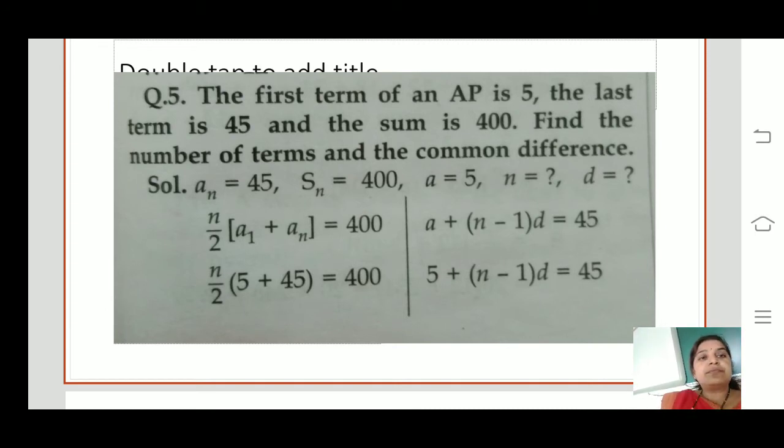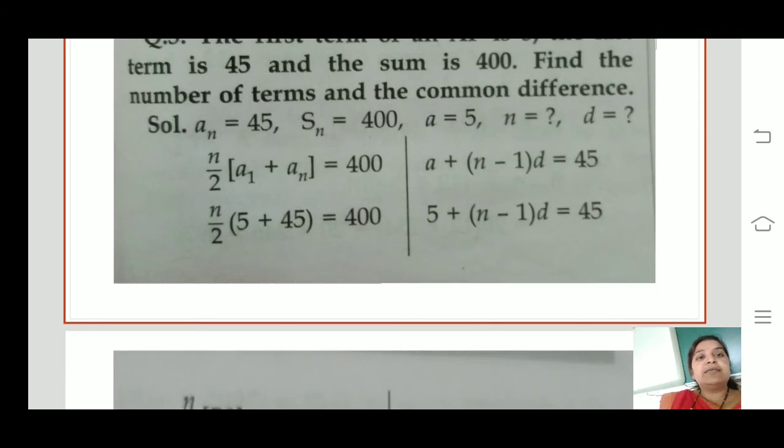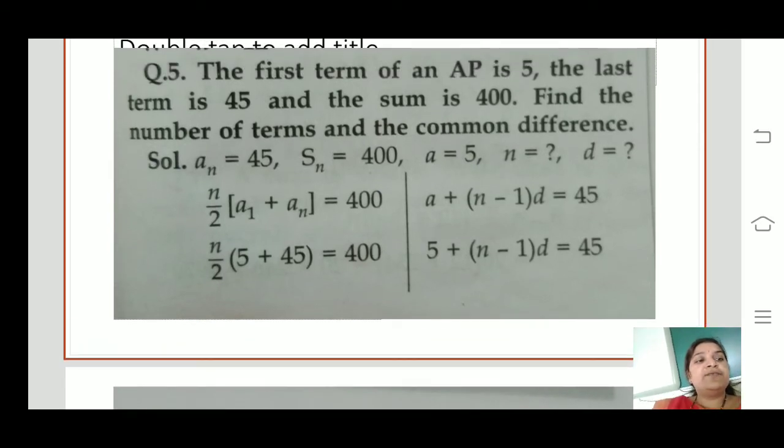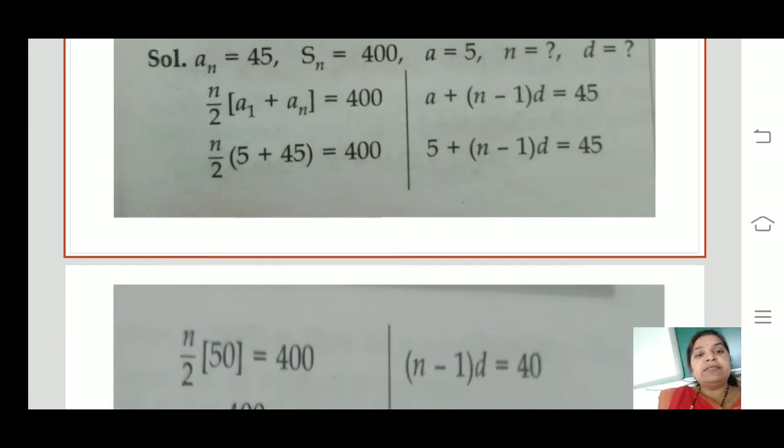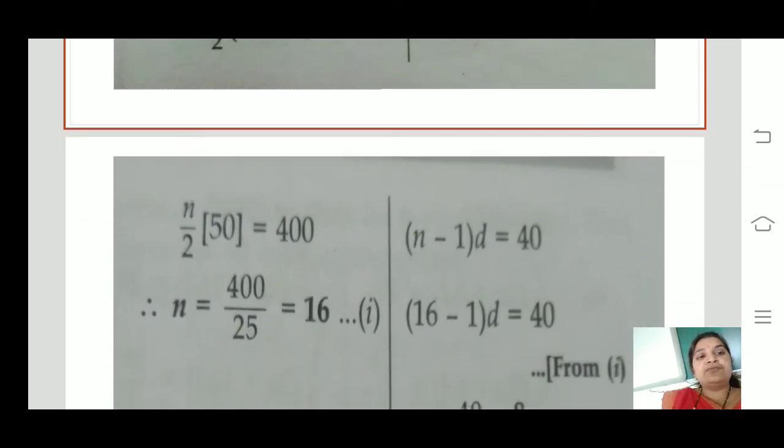Now as Sn is given, we are first using second formula for Sn, that is n by 2 in a bracket a plus l. L is nothing but an, which is given 45. Simplifying this, we have n equals to 16.